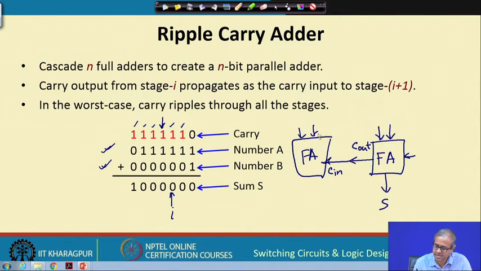So, your inputs are again coming, the next sum you are generating. So, exactly what you are doing by hand you are trying to do like this. See, for the first stage, because the carry is 0, you will be applying a 0 here, right. And for all other stages, the carry in will be coming from the carry out of the previous full adder, and the two inputs will be applied here, and you will be getting the sum bits here, and the carry bits will be generated here, right.